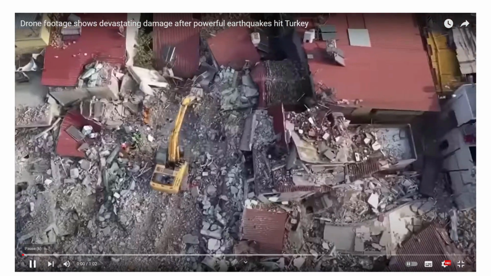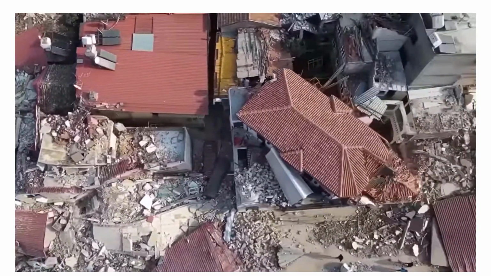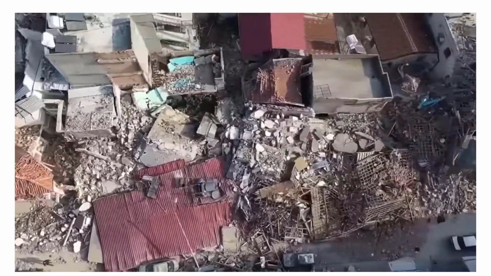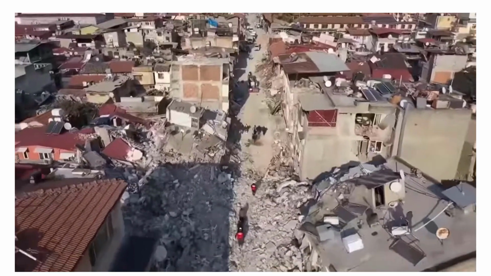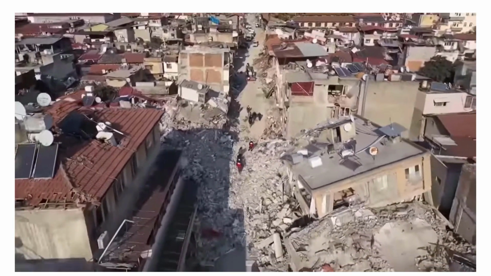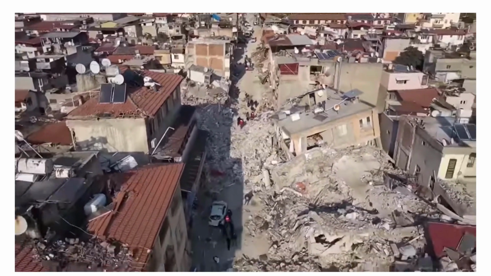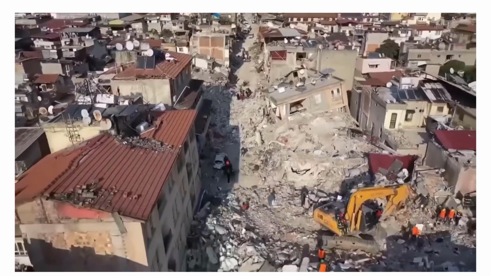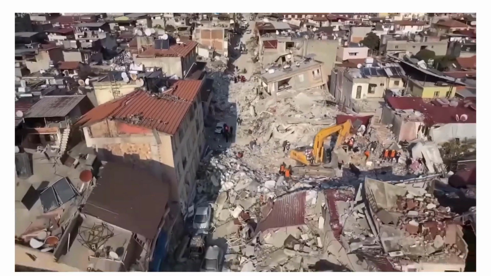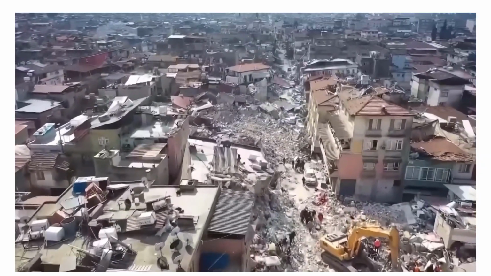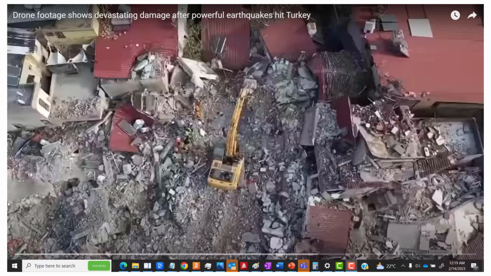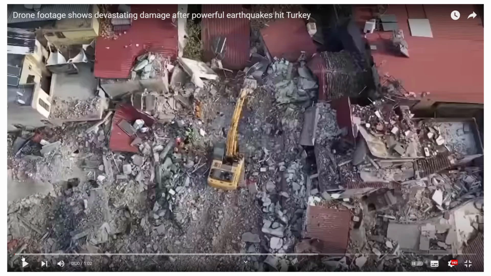Fifth point, that is the old structures with poor retrofitting. Now, over 12,000 buildings have collapsed in Turkey alone, with a few buildings in Syria, where dozens of buildings collapsed, including archaeological sites in Aleppo, that is one of the oldest inhabited cities.